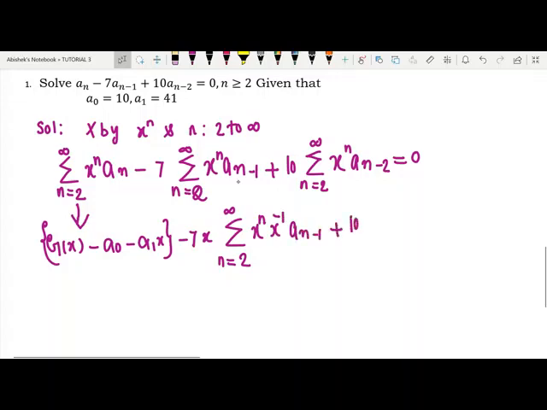Similarly, for the third expression, we have to multiply and divide by x square. Multiplication and division by x power minus 2 represent the division. a n minus 2 equals 0.